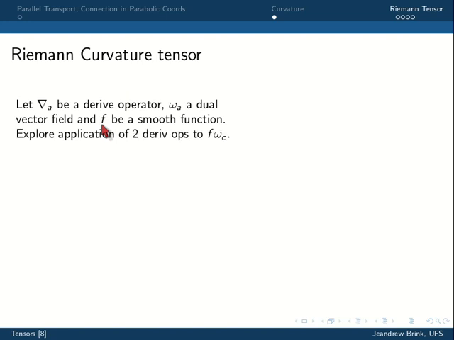What you want to do is explore the effect of two derivative operators on fω_c. Remember when we started defining our Christoffel symbols, we worked out the difference of two gradient operators applied to fω_c. Now, instead of just applying one, we're going to apply two derivative operators to fω_c.